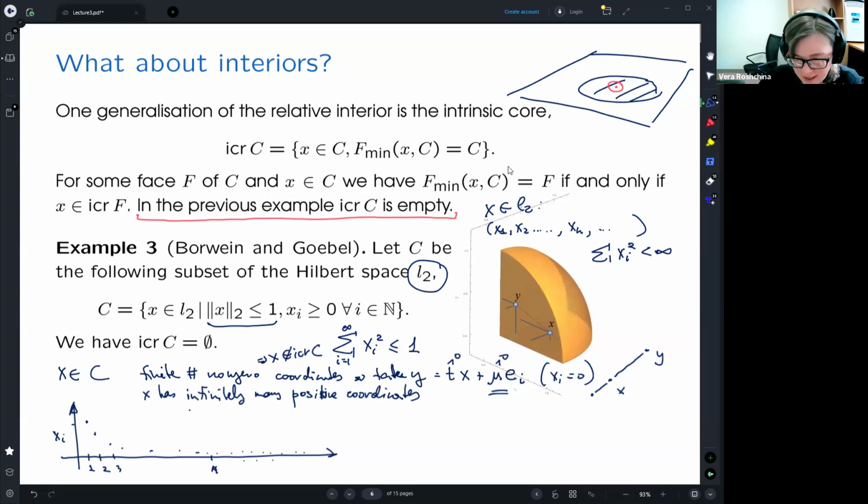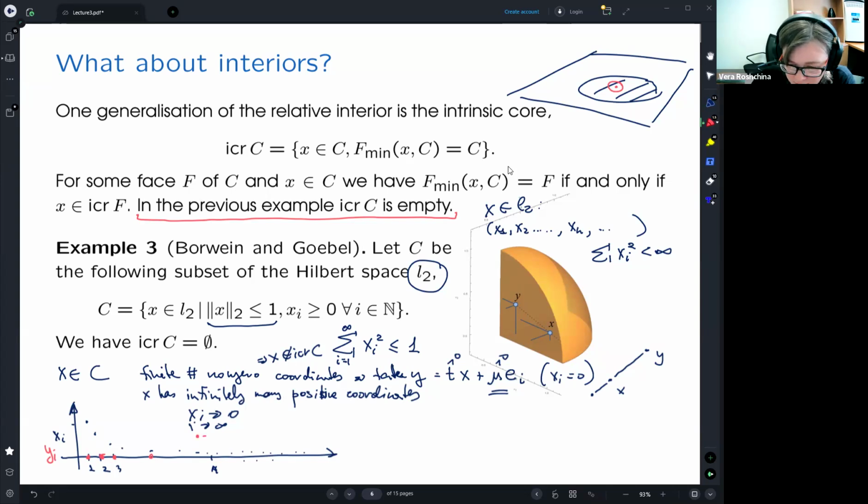Of course, x_i by itself goes to 0 as i goes to infinity. So I can keep collecting those positive x_i's, and then I let my y be mostly 0. Maybe I will have 0 here, here, and here. But eventually, I will make it a lot larger than x_i.